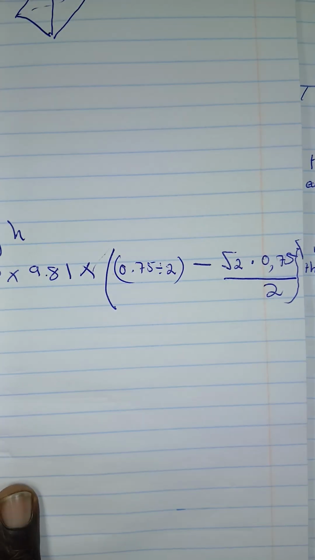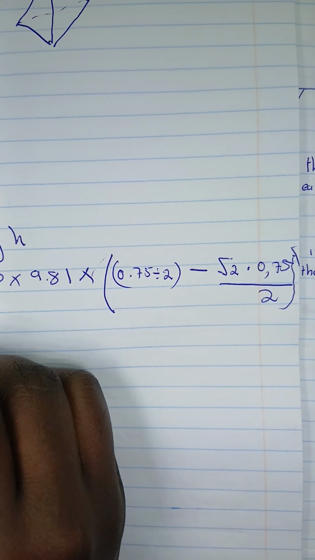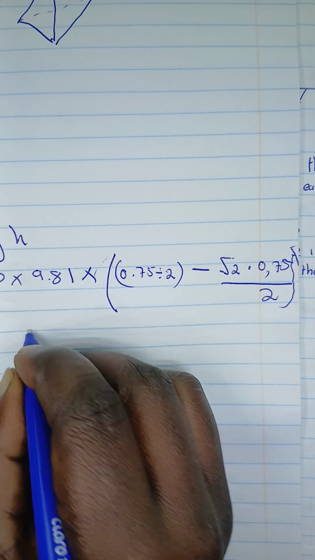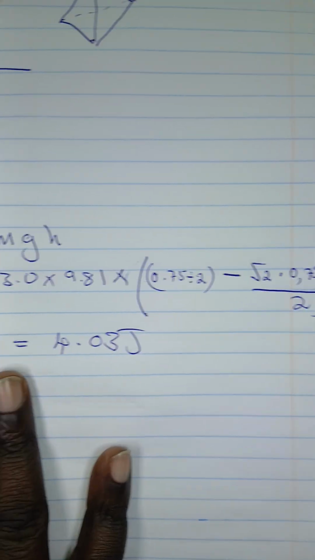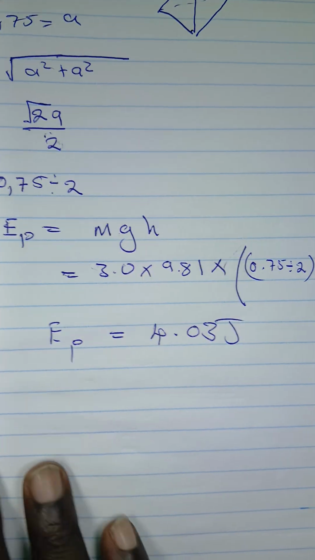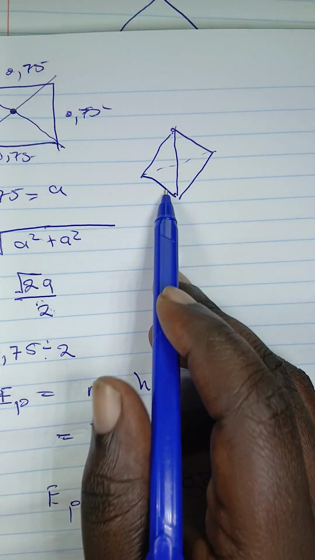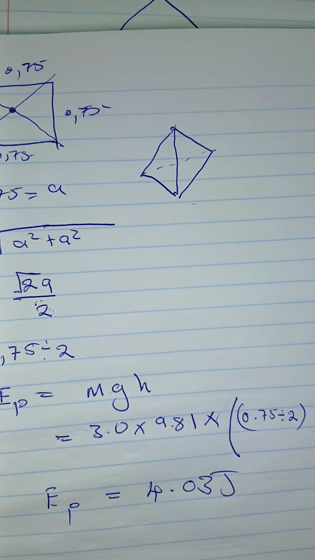So you solve that and your EP is equal to 4.03 joules. That's going to be your EP. The most important thing is to discern this diagram.